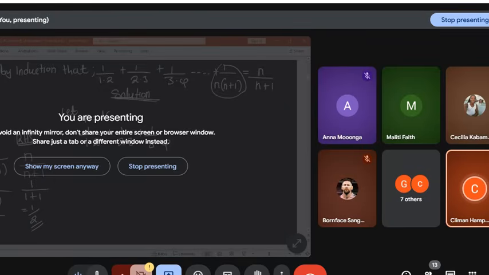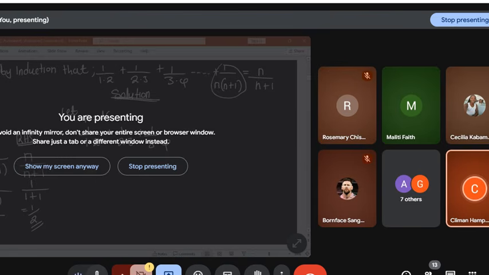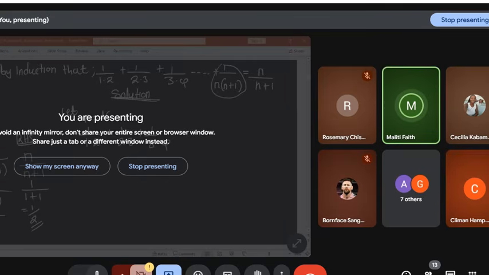Are we solving for the value of n, or we're just trying to prove the right and the left hand side by making n equal to 1? Is that not what the concept says? Oh, alright, so I get it now.